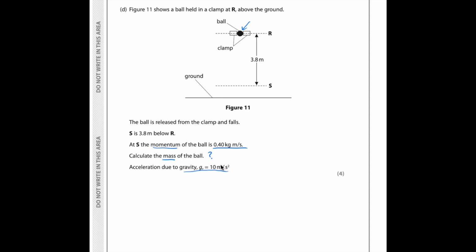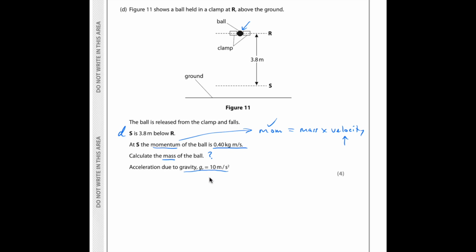So, what do we know? Well, we know the equation for momentum. Momentum is mass times by velocity. So, if we can work out the velocity, we've got the momentum, we can rearrange the equation to get the mass. So we also know that distance is 3.8.